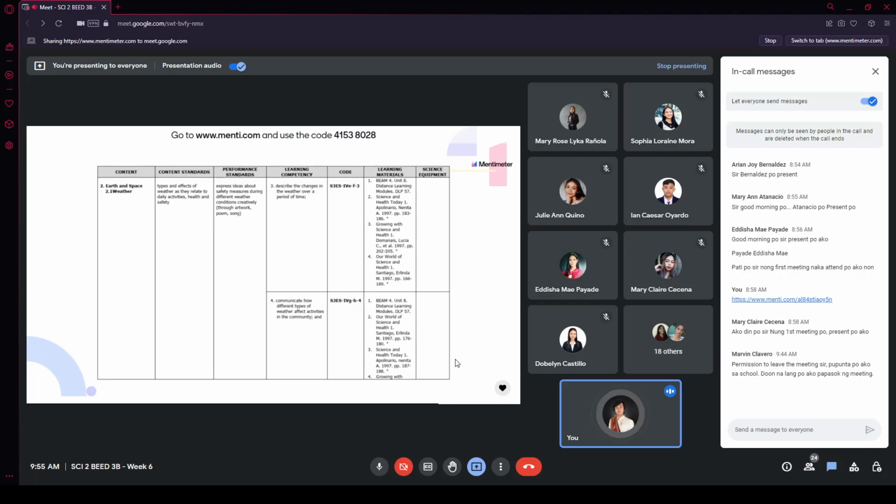Okay, and now what about the weather? Now for the weather, this is where you have to be careful, right? Why is that? Because in most books, they would list out all of the types of weather. But here in the Philippines, of course, our weather and climate are limited, so to speak, because we're at the equator.